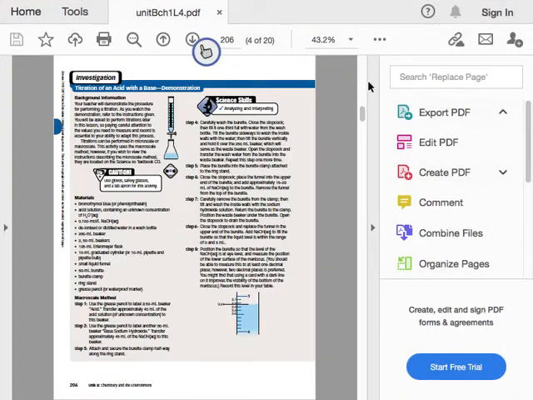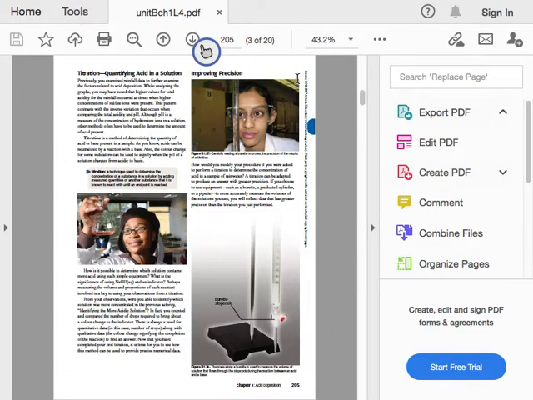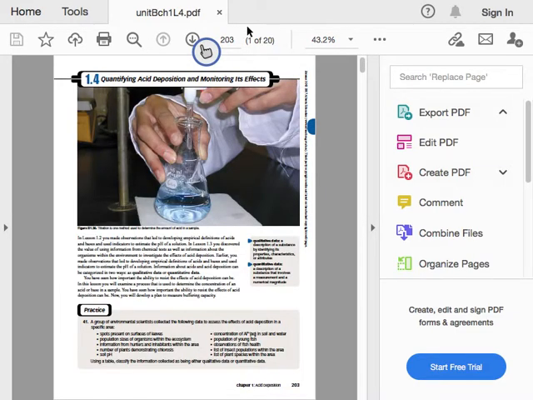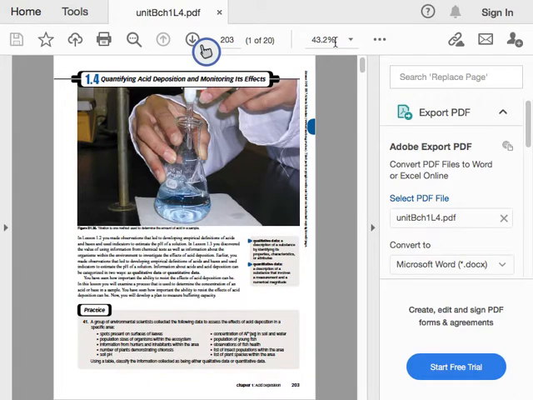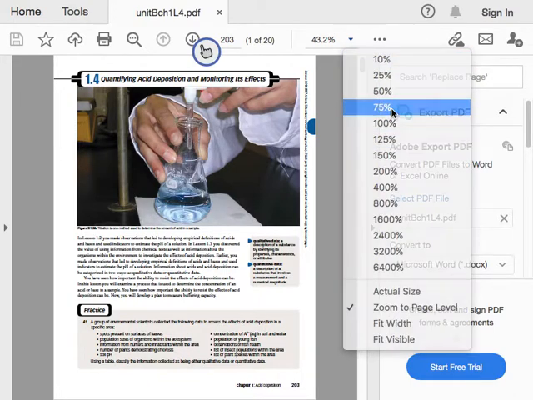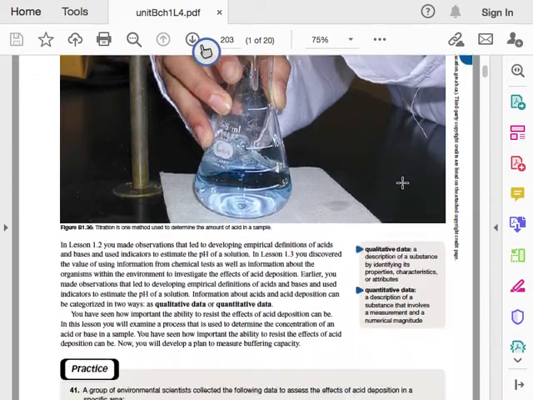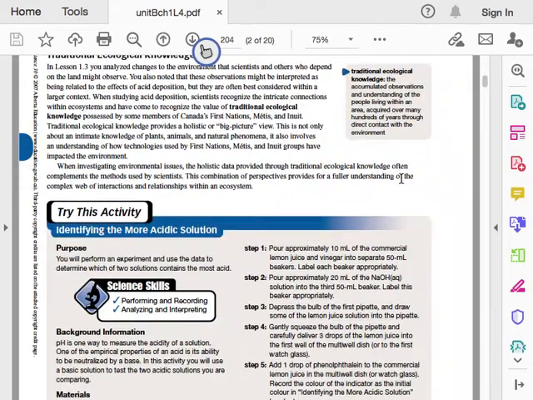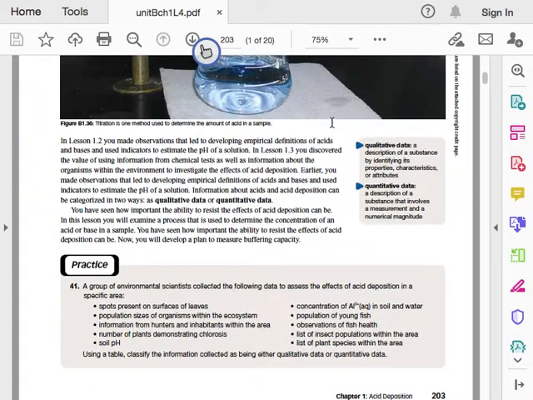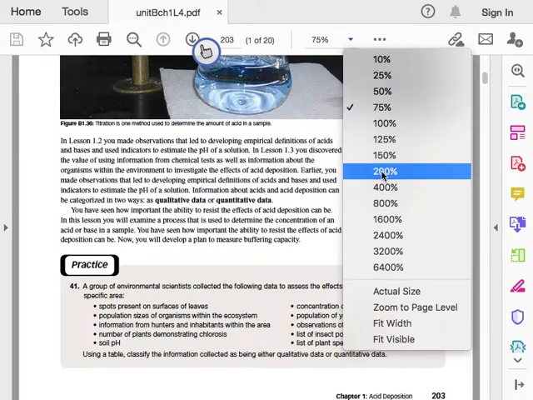So it says to go to page 203. This should be on your Google Classroom, so you can open up the textbook onto page 203. I'm going to zoom it in.